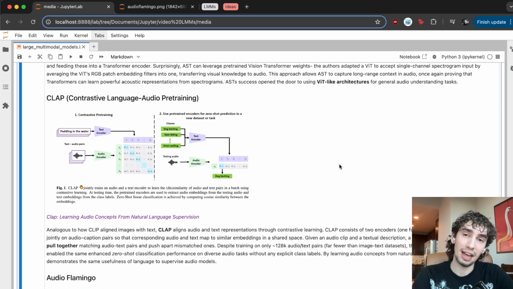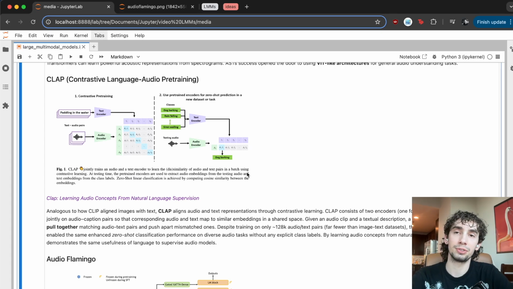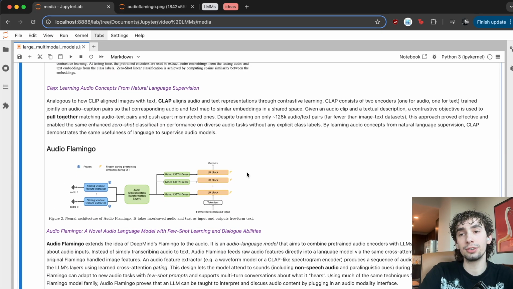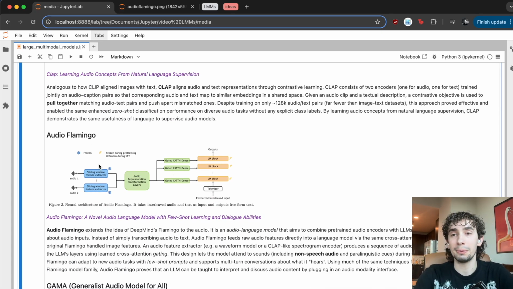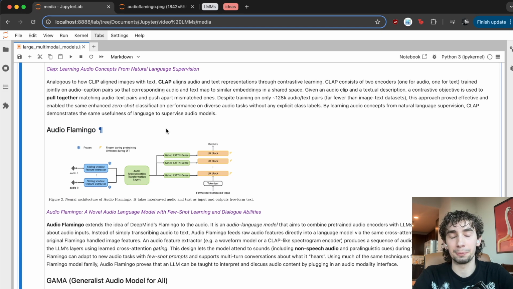And to show really how similar audio understanding was to the advancements of image understanding, the next example is the Audio Flamingo model, which takes all of these encoders and puts them together into an audio understanding language model using the same techniques that the original Flamingo models for image understanding used.